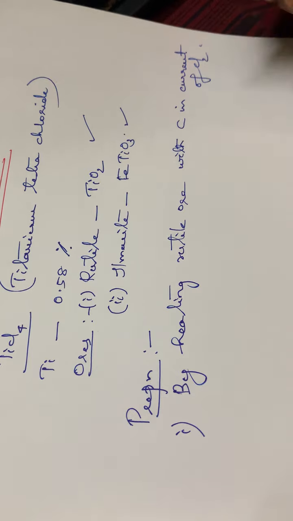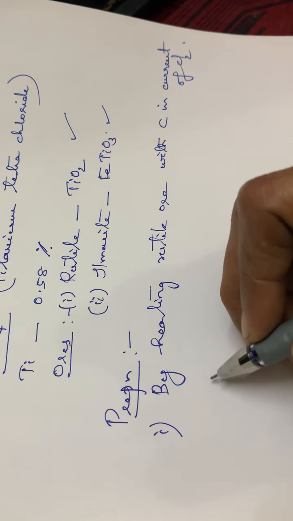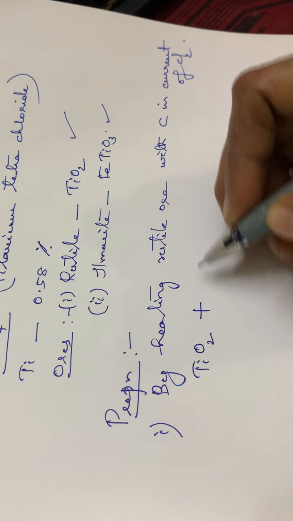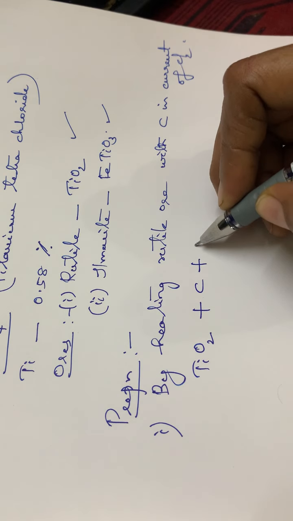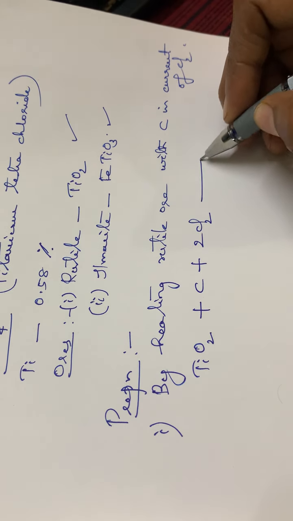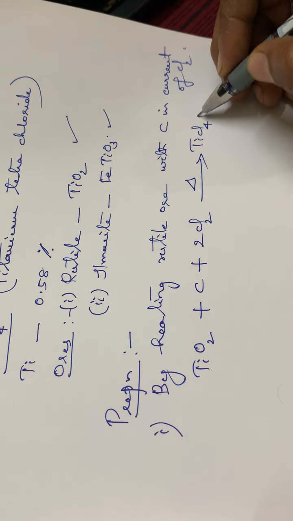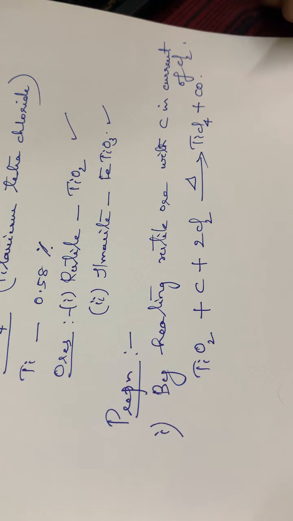So rutile ore, TiO2, plus carbon plus a current of chlorine, 2Cl2. In the presence of heat, we obtain titanium tetrachloride plus carbon monoxide. This is the first method of preparation from rutile ore.